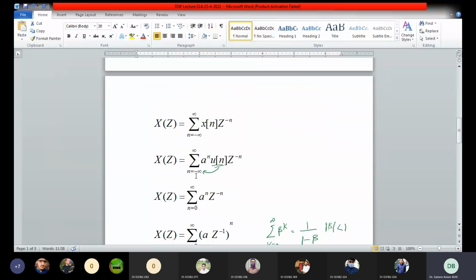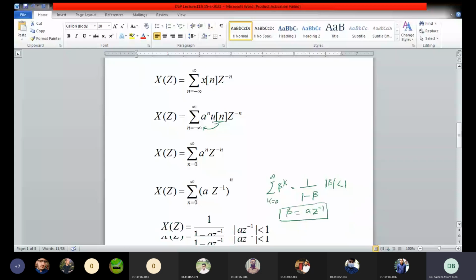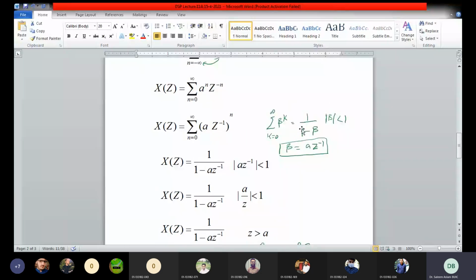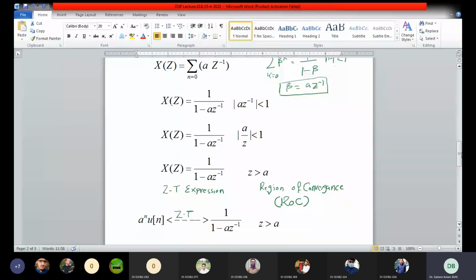This u of n changes the limit from 0 to infinity. We simplify and come across the expression (a z inverse) to the power n. Using the geometric series, we get 1 over 1 minus a z inverse, with |a z inverse| less than 1. After simplification, we concluded that this is the Z transform expression, 1 over 1 minus a z inverse, and this is the ROC.